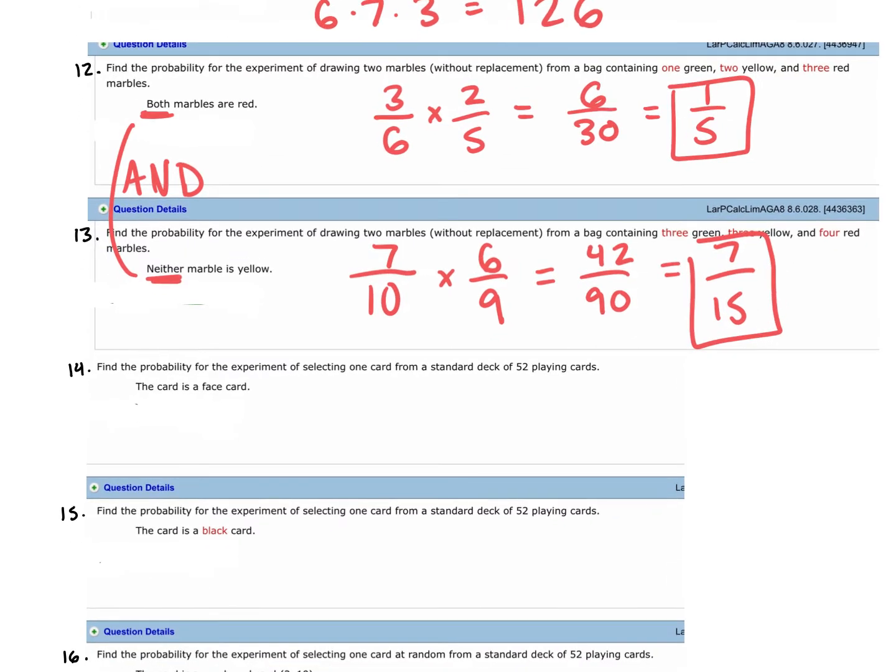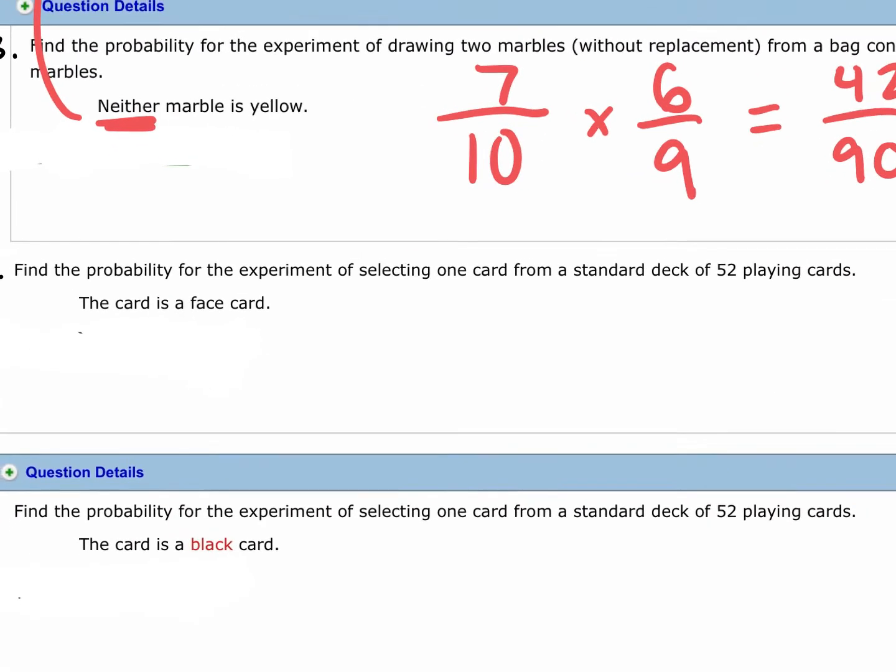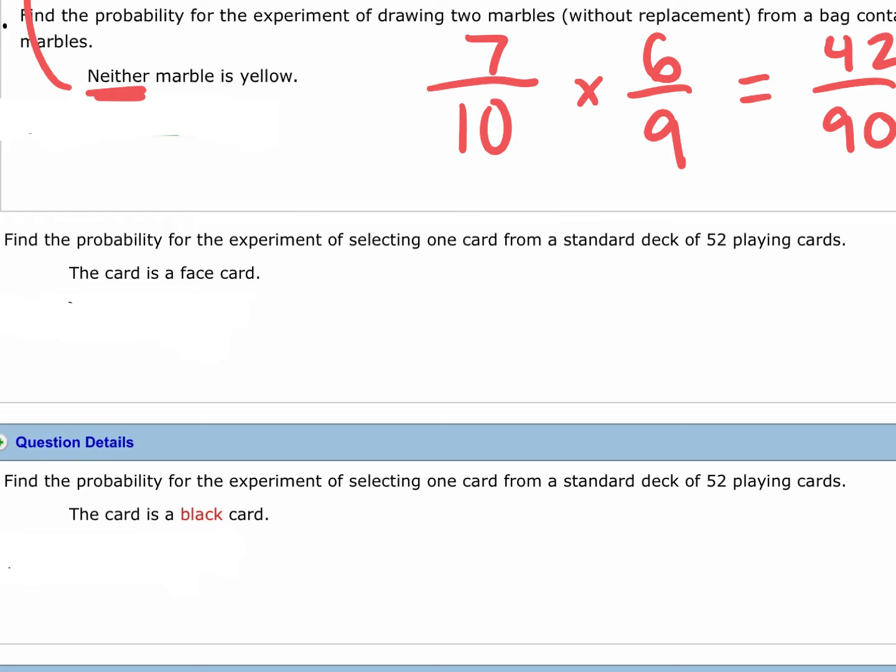Right, 14. Find the probability for the experiment of selecting one card from a standard deck of 52 playing cards. The card is a face card. So you guys have to know the characteristics about the cards in a deck of cards. You won't get the deck of cards. How many face cards do I have in a deck of cards? Face cards. 12.